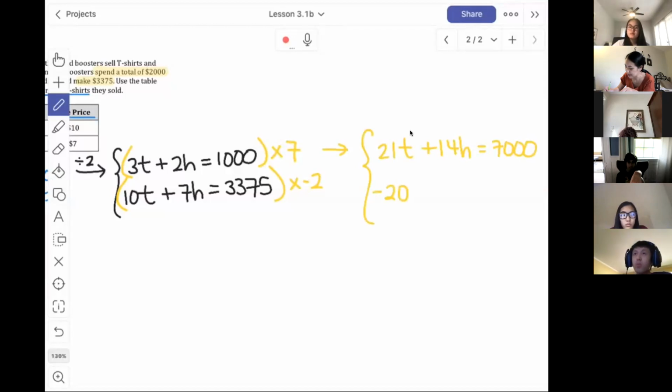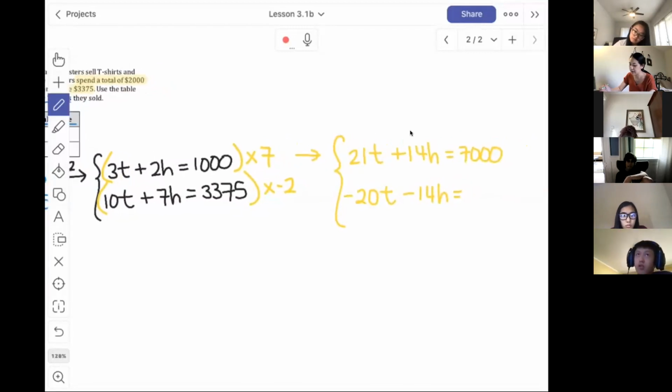And this gets me -20t minus 14h is equal to, let me do some mental math here, -6,750.